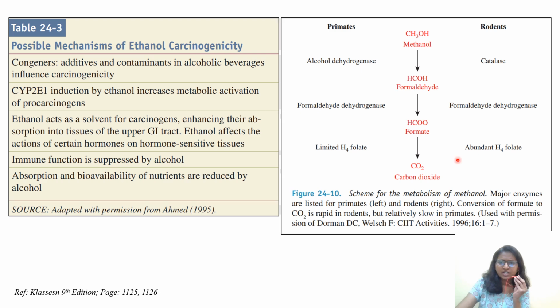But here limited H4 folate is there, here abundant H4 folate is there. And finally the product formed is carbon dioxide. So conversion of formate to carbon dioxide is rapid in rats, but relatively slow in primates. So primate toxicity is more when compared to rats because of this.